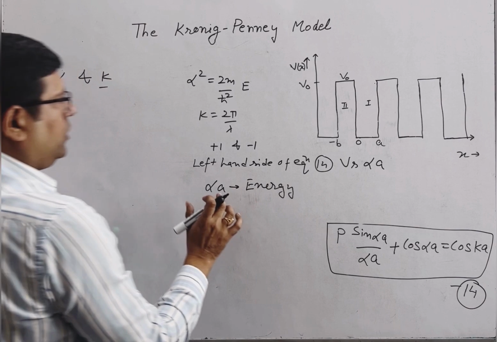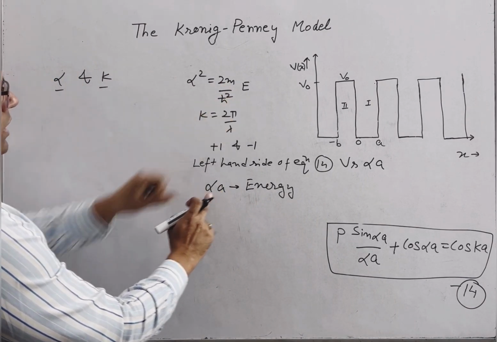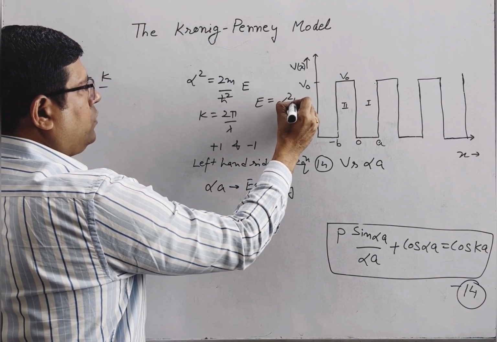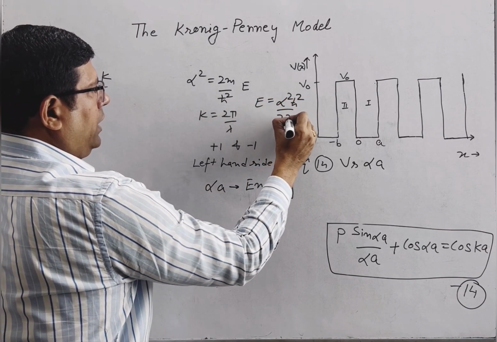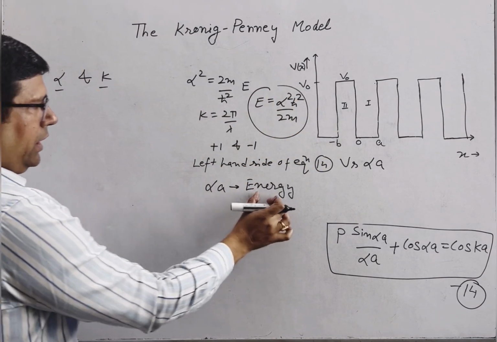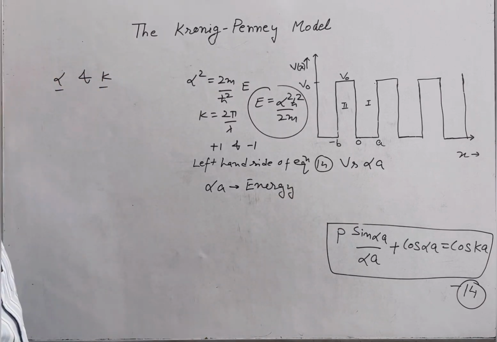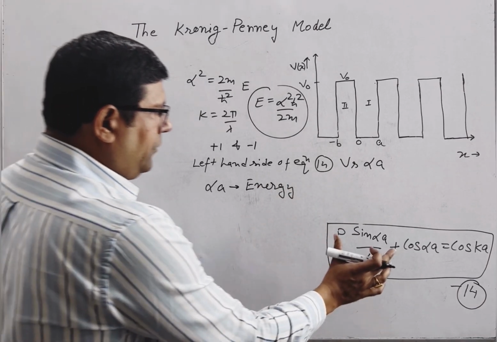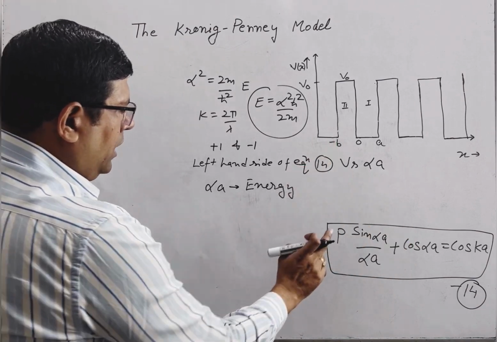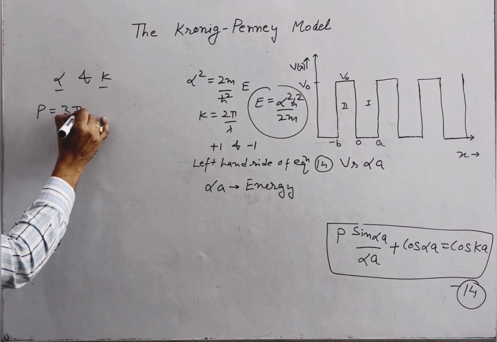Alpha square is 2m upon h cut square into E. From here E equal to alpha square h cut square upon 2m. So energy is depending on alpha, so alpha a will represent the energies. So we are going to plot the left hand side versus alpha a at P equal to 3 pi by 2.